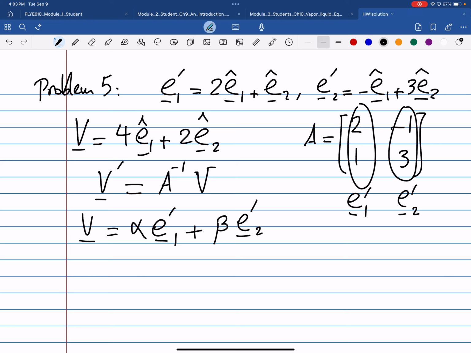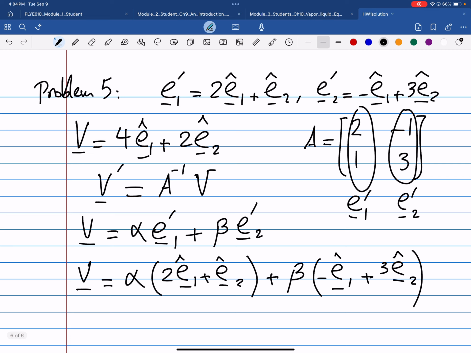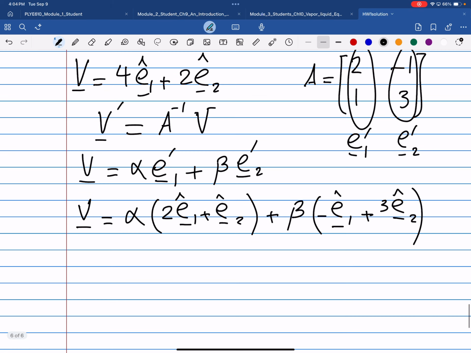I just want to show you how you get that matrix form. So your V is going to be alpha times e1 prime, which is 2e1 plus e2, plus beta times e2 prime, which is minus e1 plus 3e2. I know what V is.